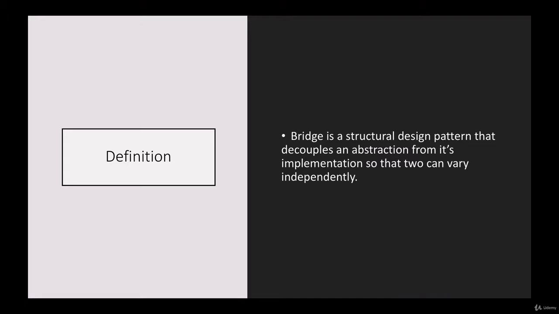So here what we need to identify is what's an abstraction and what is the implementation of the abstraction. After identifying what kind of abstraction and what kind of implementation are there in the code base and what we are actually trying to decouple, only then can we understand what this bridge pattern's intent is, what it is actually trying to do.